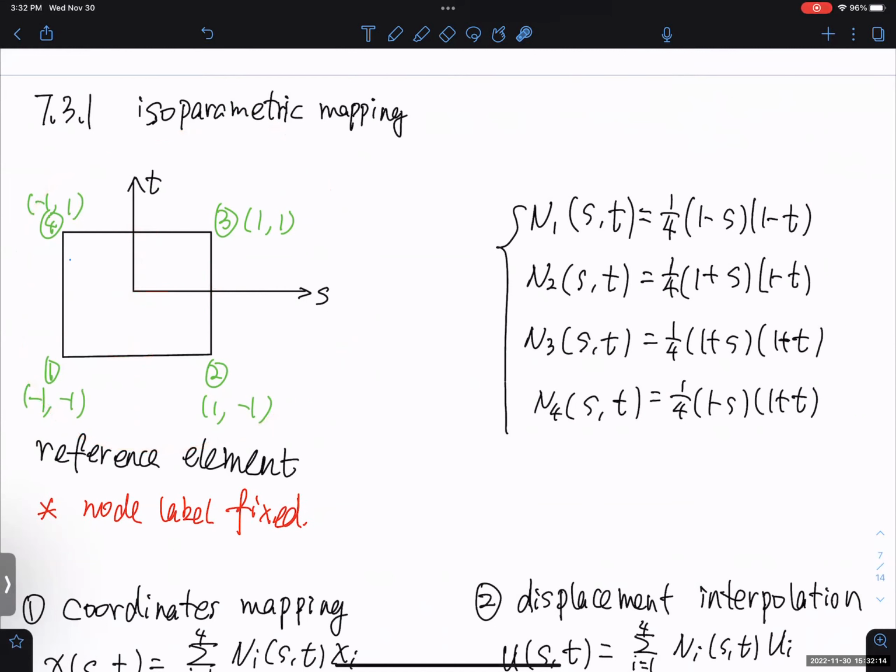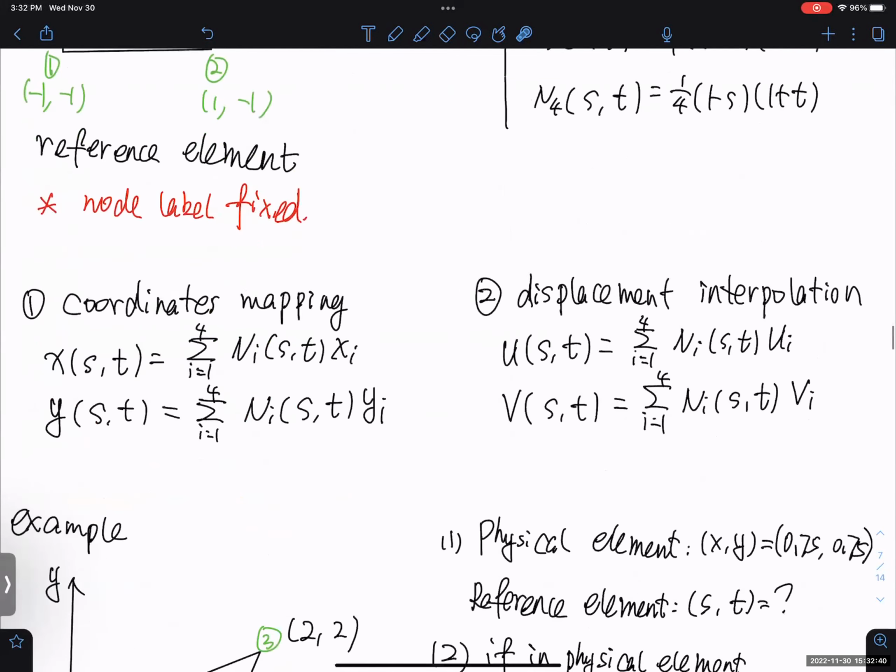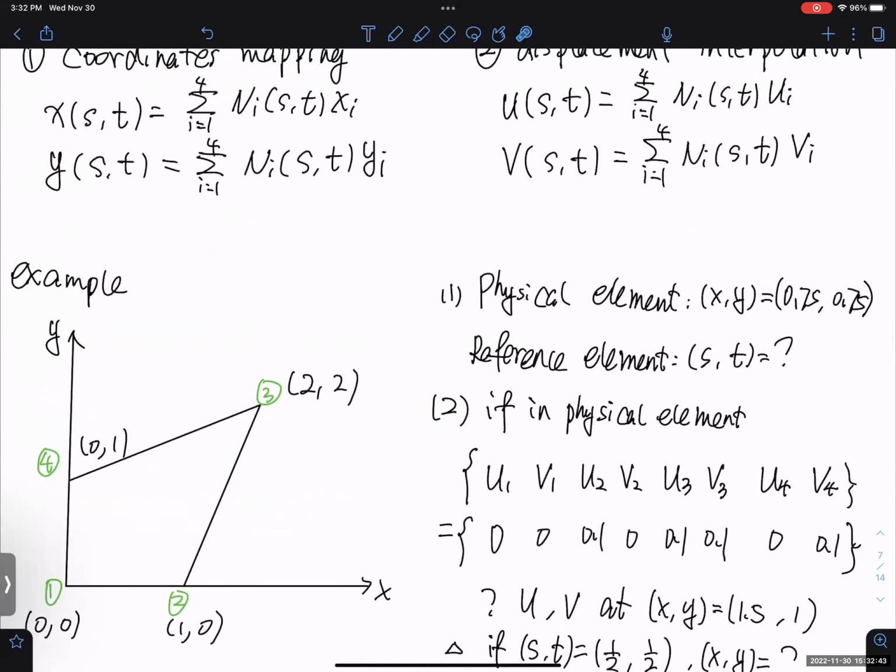So once you have the Jacobian expression, you need to make sure that for S and T in this range, it is always greater than 0, then the mapping is valid. If even a single point makes this Jacobian equal to 0 or less than 0, the whole mapping is invalid. So this is based purely on mathematics.